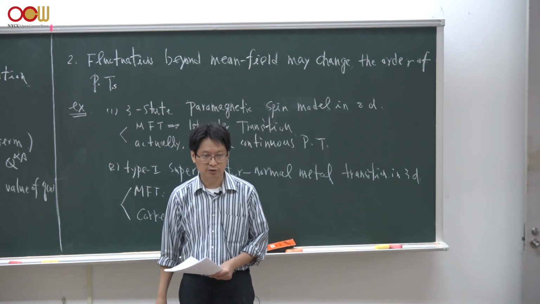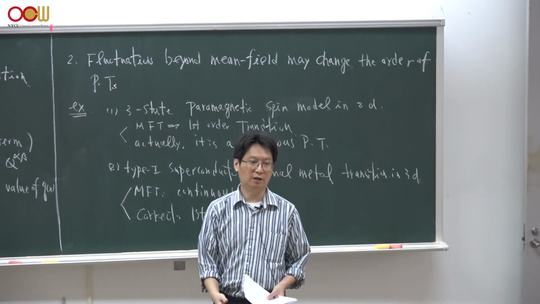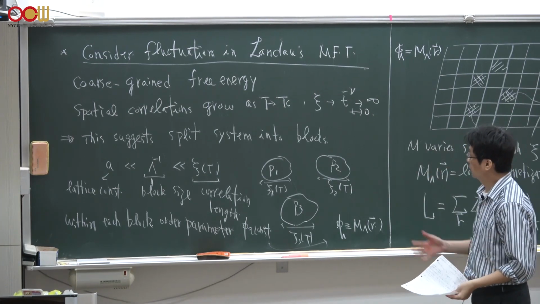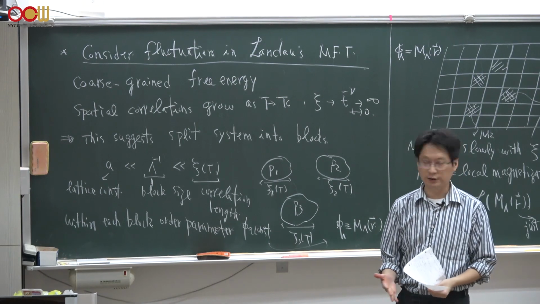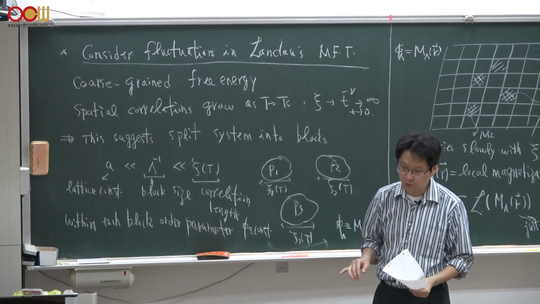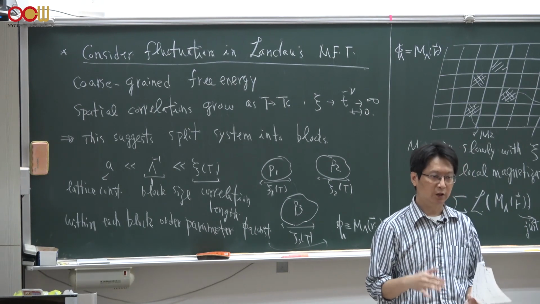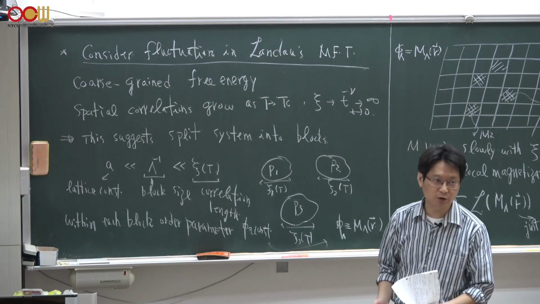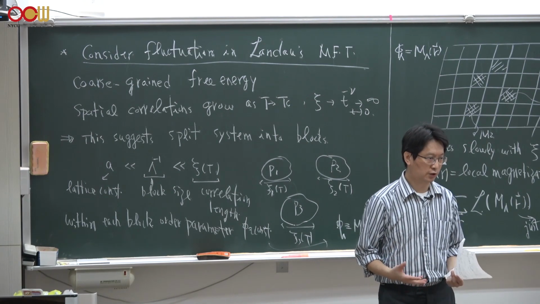All right? Okay, so this is just the simplest possible analysis based on Landau's free energy density. We consider the fluctuations in the Landau formalism based on the mean field theory. The way that we consider the fluctuations is through spatially inhomogeneous distributions of the order parameter at a slightly larger scale.